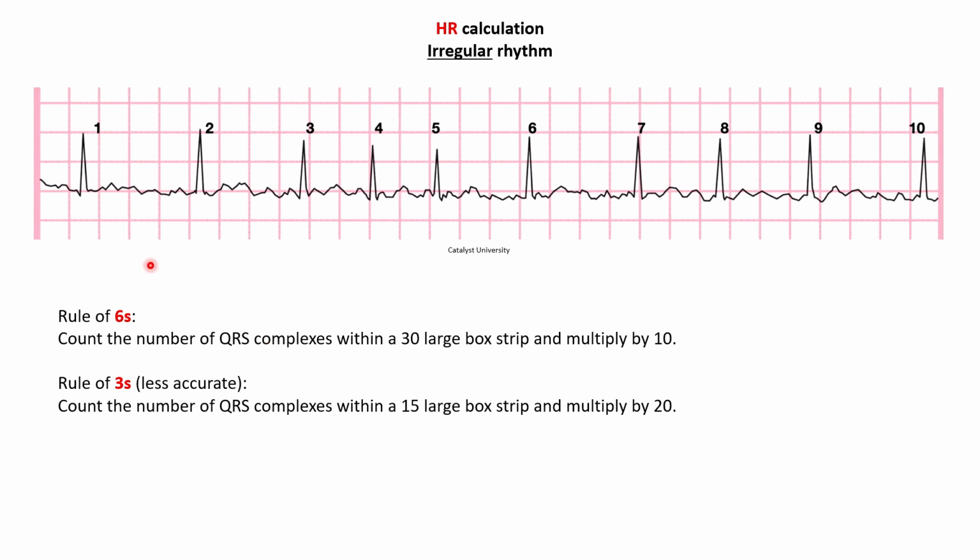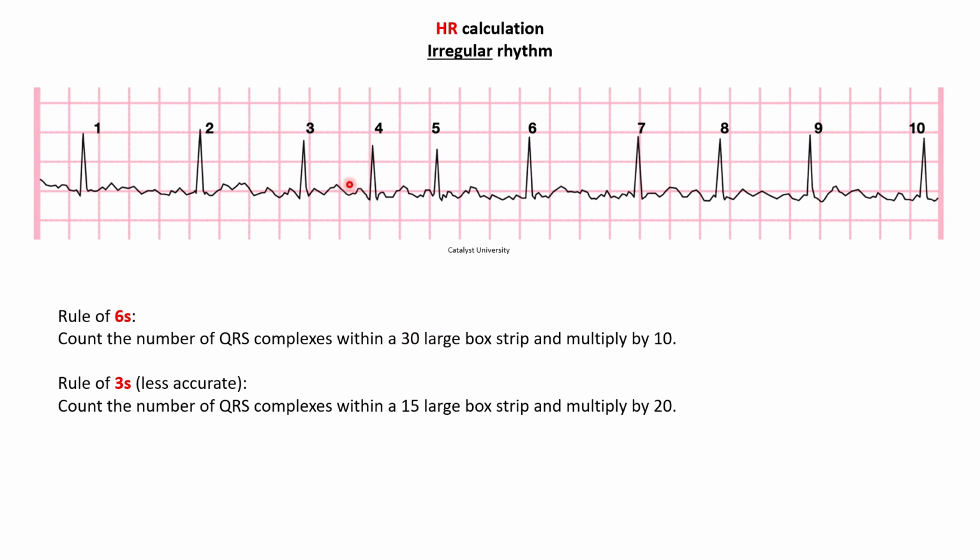What do we mean by the rule of six? It tells us that you have to count the large boxes that represent 6 seconds. If 5 large boxes equal 1 second, then 6 seconds is represented by 30 large boxes, as you can see here. In the case of 30 large boxes, you count how many QRS complexes are seen.